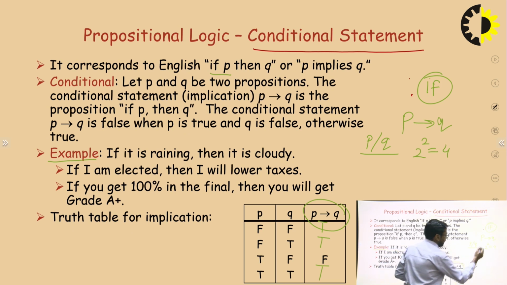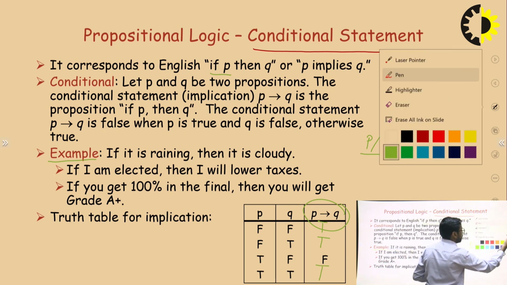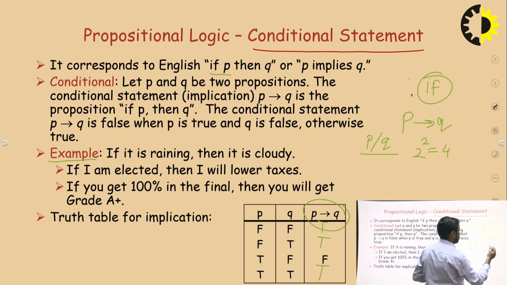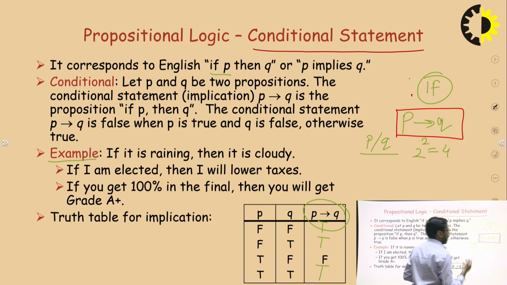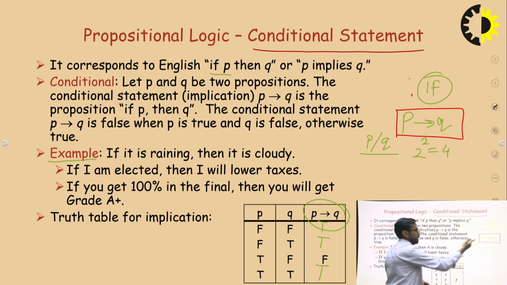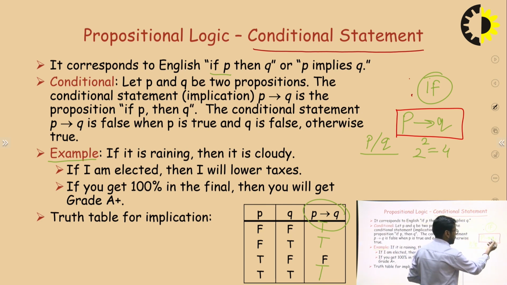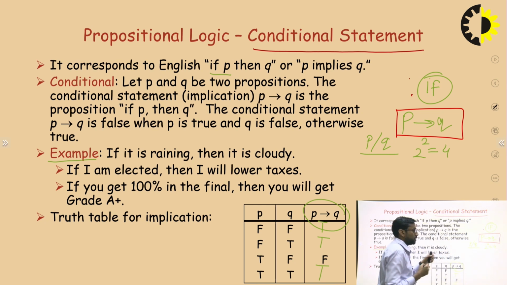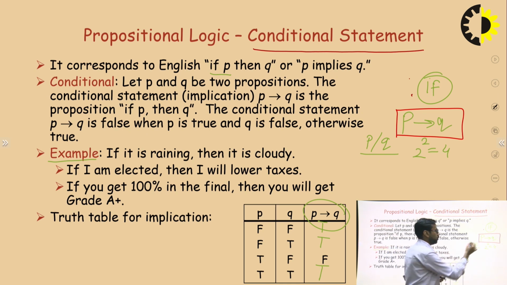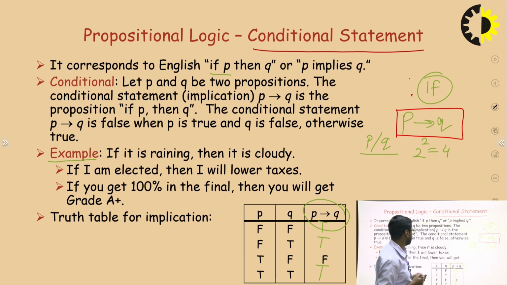So if there are two predicates P and Q and the implication is P tends to Q, the result will be false only when P is true and Q is false, otherwise we find true.